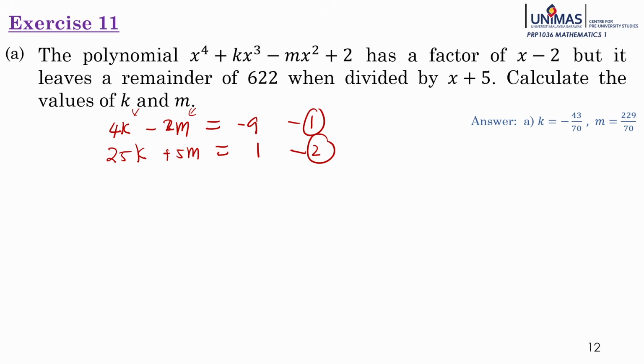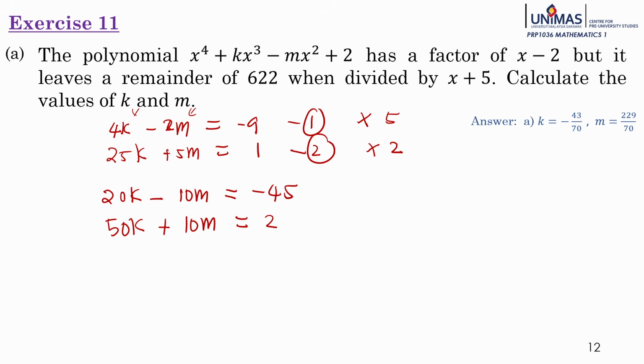To make them the same, the first equation I will times by 5, and the second equation I times by 2. So 4 times 5 is 20, minus 2 times 5 is 10, and negative 9 times 5 is negative 45. For the second one, 25 times 2 is 50k plus 10m, equal to 2.